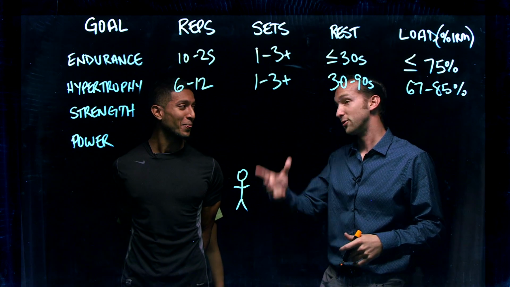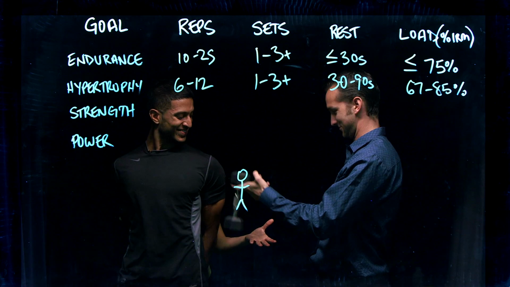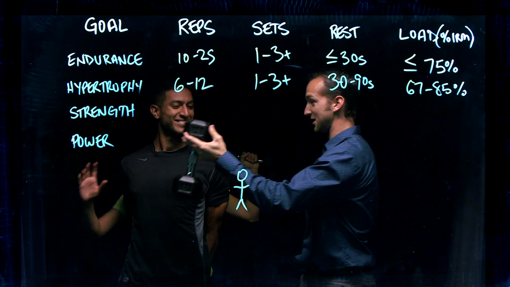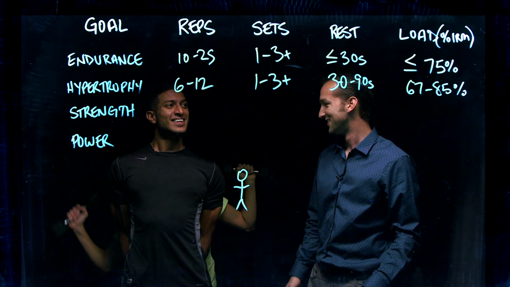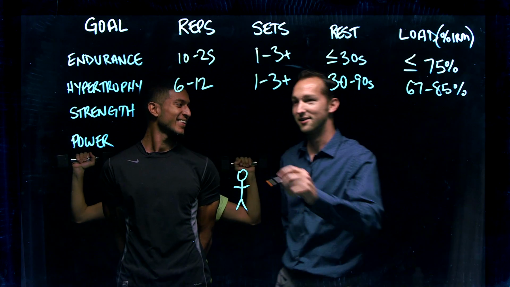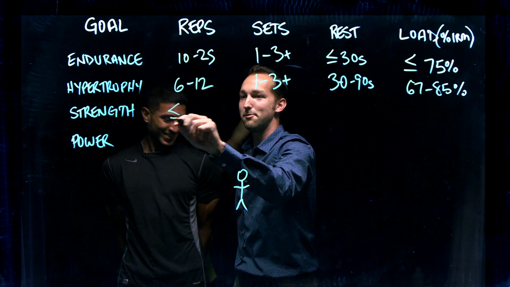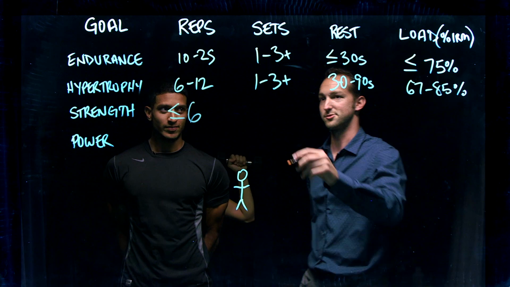So now if we want to work on strength, and strength is you going from being able to lift this dumbbell to this dumbbell and being able to control it, we have to change things even more. We're going to work at a maximum of 6 repetitions, less than 6 reps realistically.